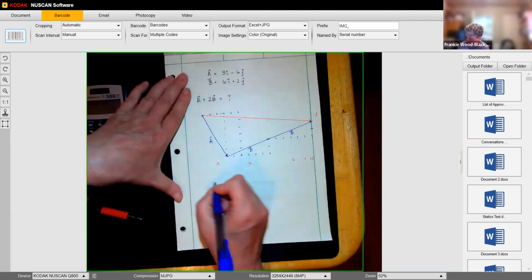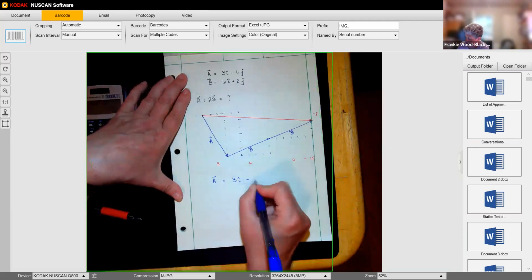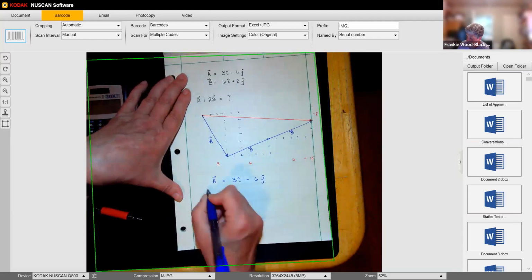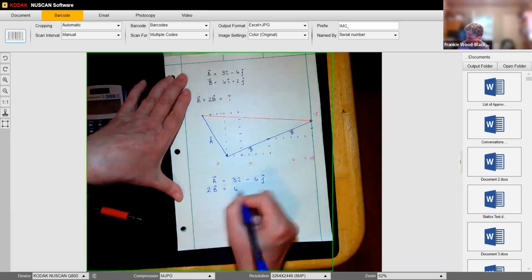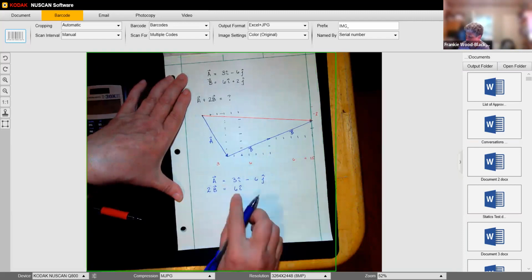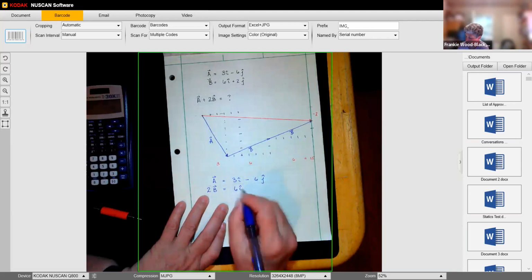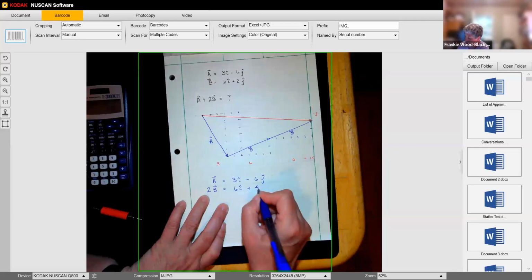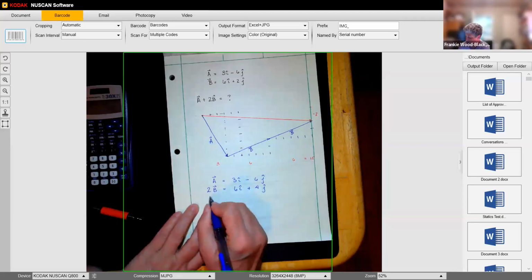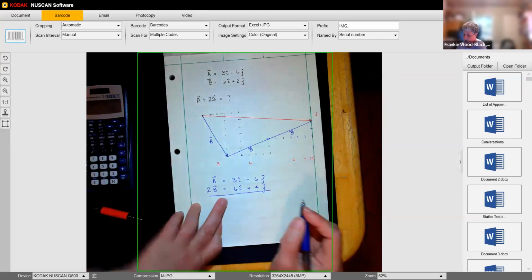algebraically, where I'm going to take A is equal to 3i minus 6j. I'm going to write 2B, which is going to be 6i, because 3 times 2 is 6. Did I do that right?